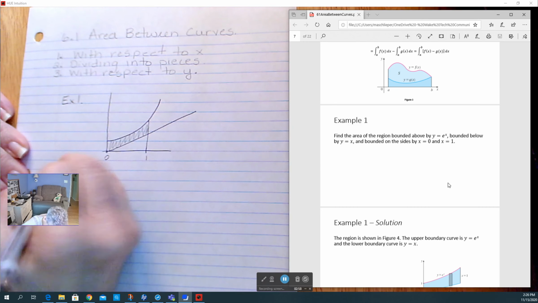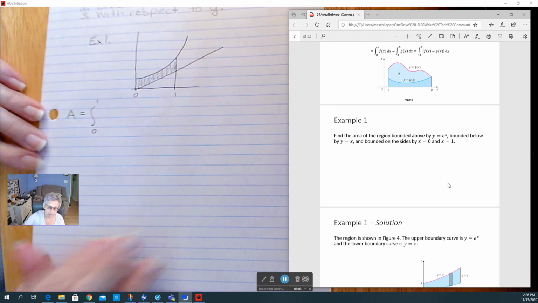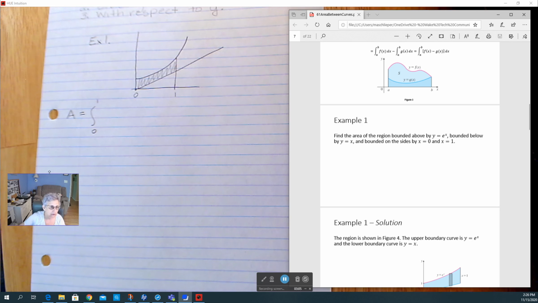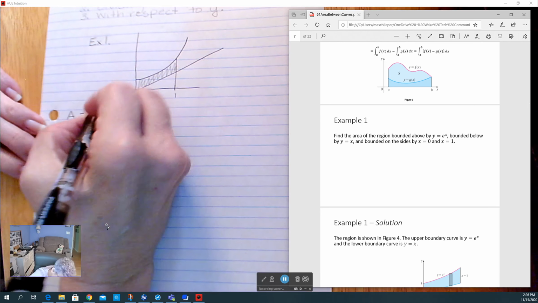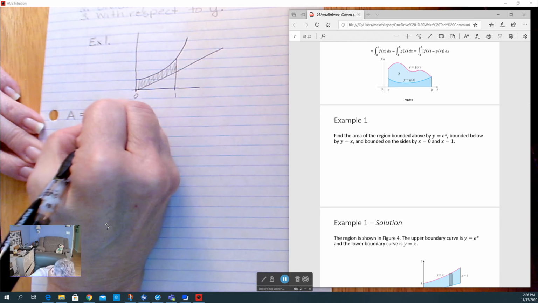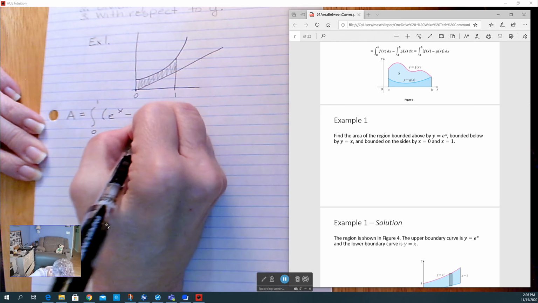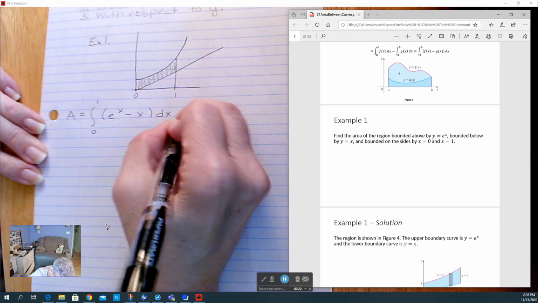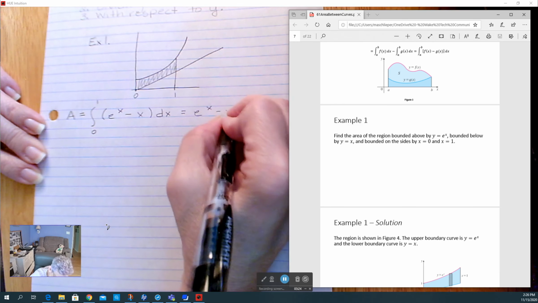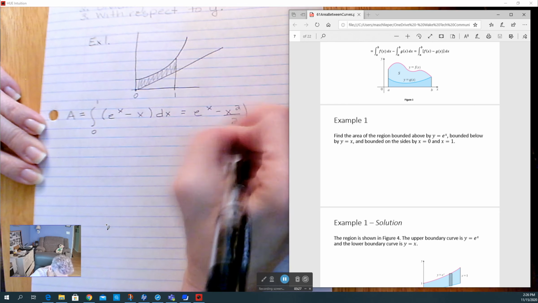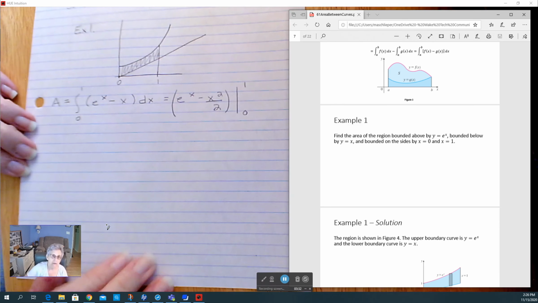Integral from 0 to 1, and I'm going to name it A for area. 0 to 1 of the top function minus the bottom. And this is easy to integrate. E to the x minus x squared over 2. Evaluate that from 0 to 1.